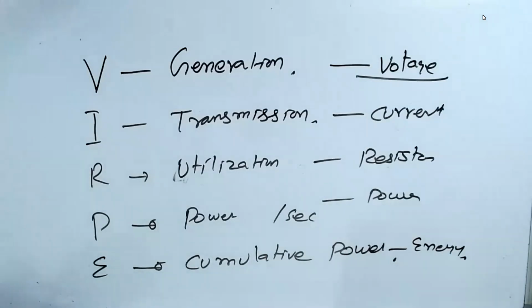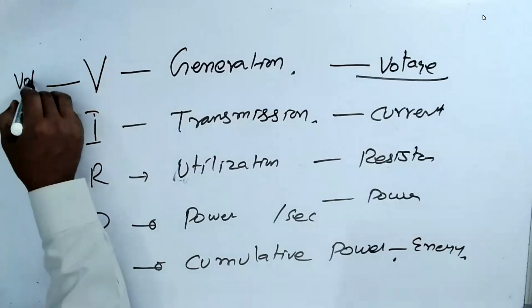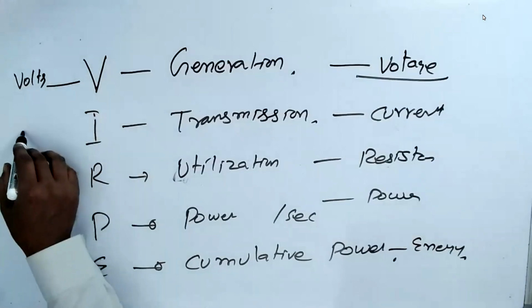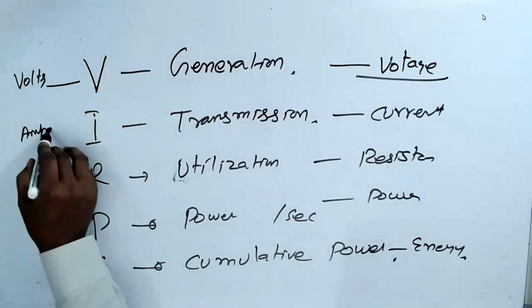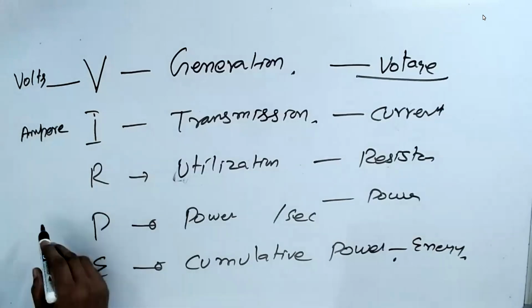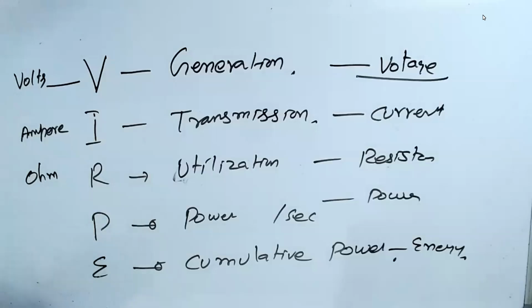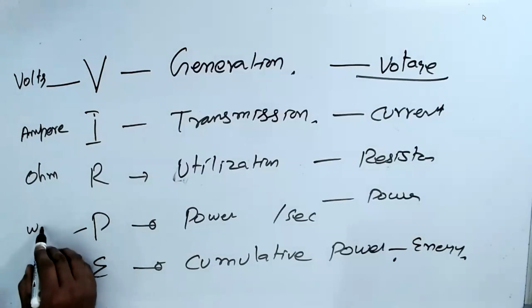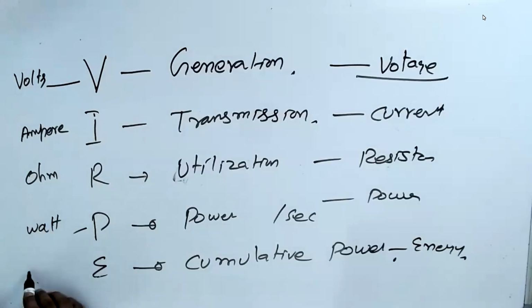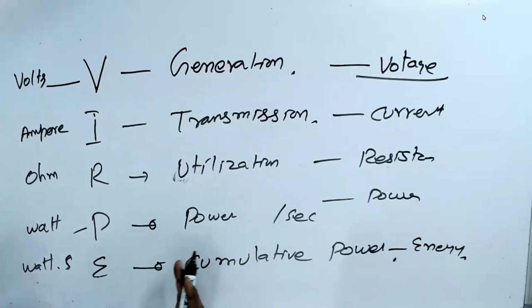Okay. And the units are volts, ampere, ohm, and power is watt. And this is watt seconds or hours, depending on how long you accumulate. If you accumulate for a few seconds, then it's called watt seconds. If you accumulate for a few minutes, then it's watt minutes.